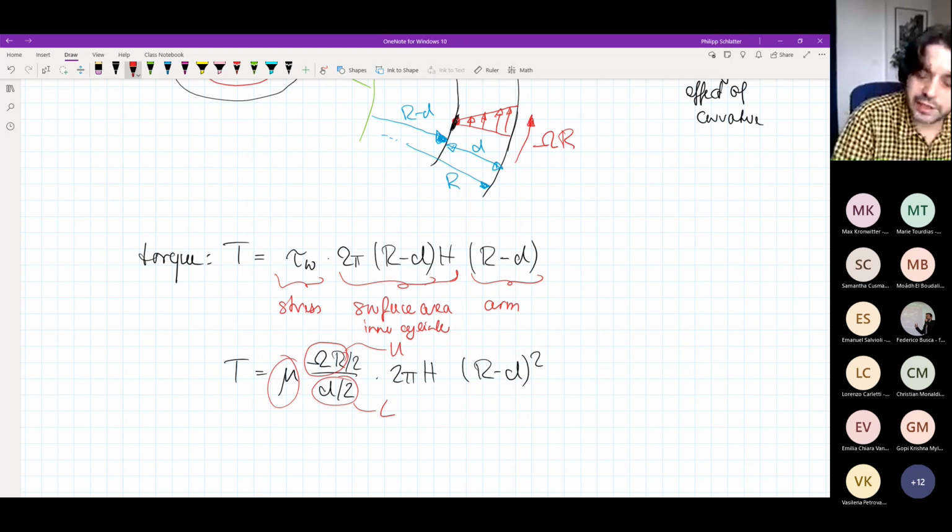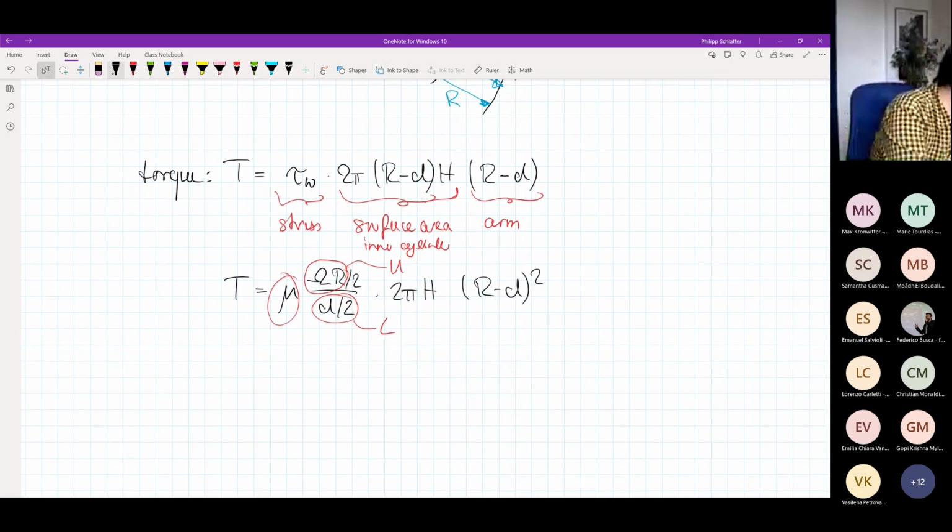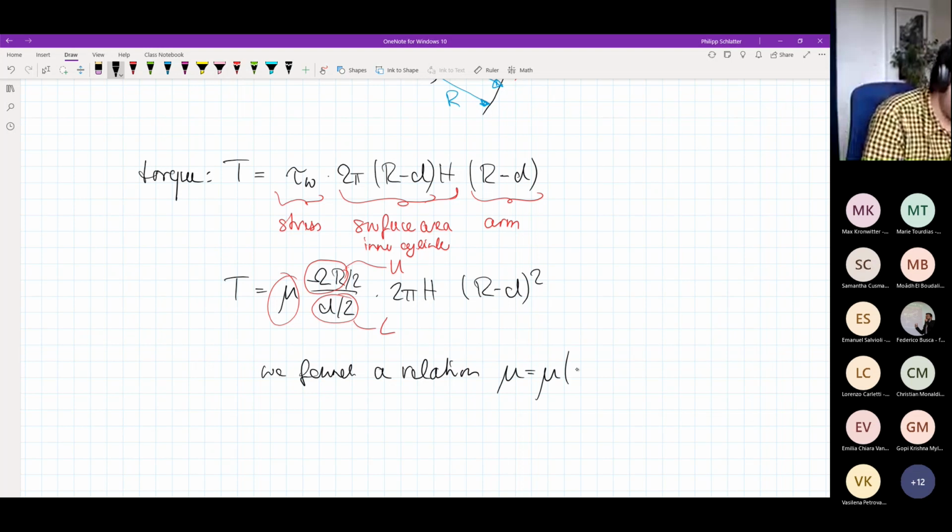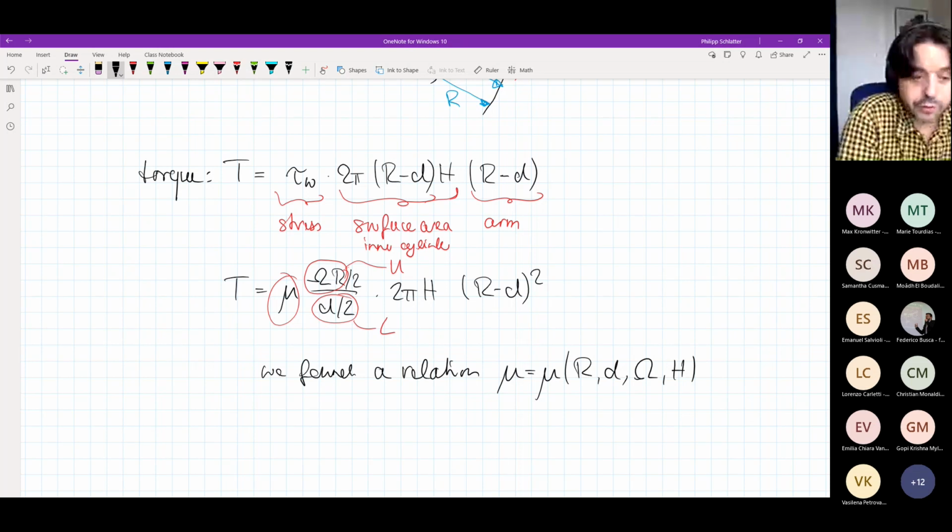But there is a clear dependence on the Reynolds number, in particular when it comes to the speed. So that means that in the end, we have now found a relation, the following way, that mu is a function of r, d, omega, and h. So exactly what we wanted to have, or what Couette wanted to have.